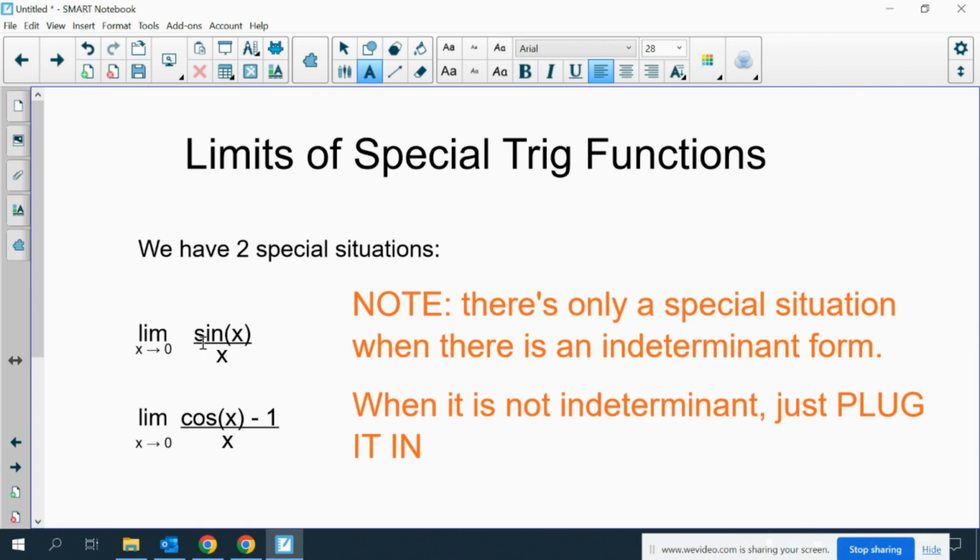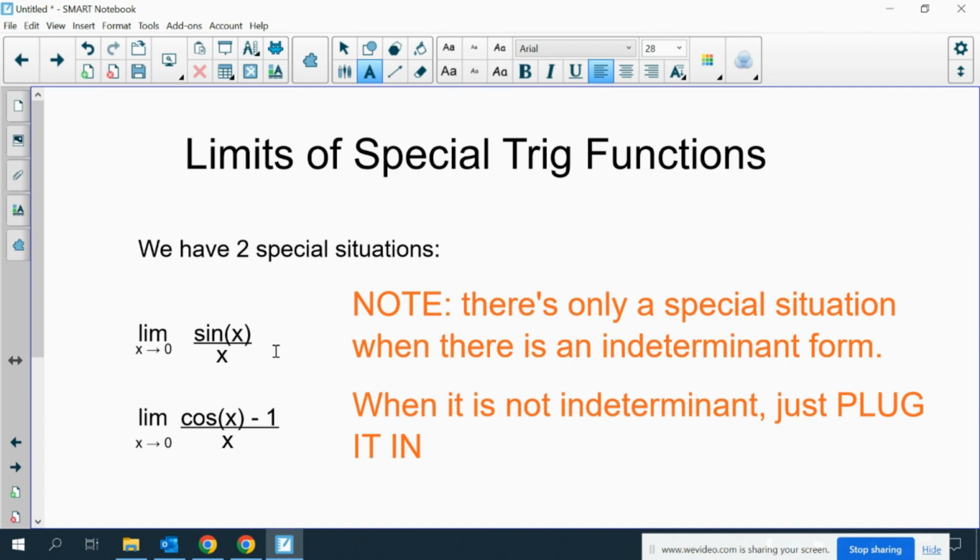In all other situations that look like this, I would still be able to plug in x. So if I had the limit as x approaches pi halves or the limit as x approaches infinity, I could still just substitute it in and be able to figure out what's happening because I don't have an indeterminate form.